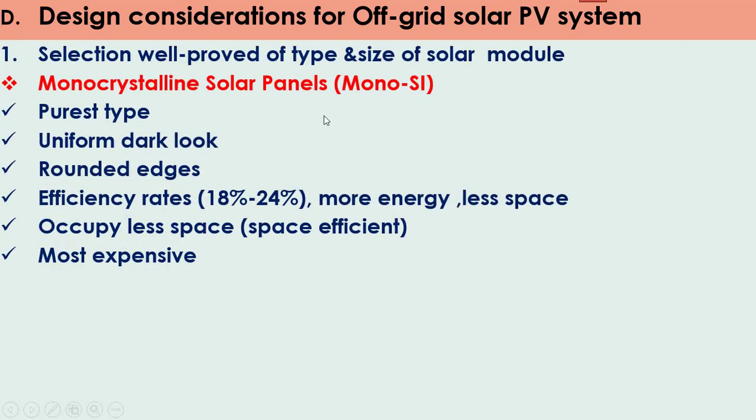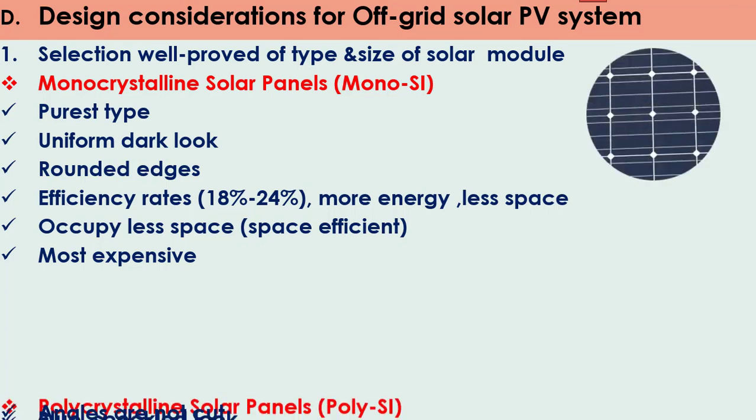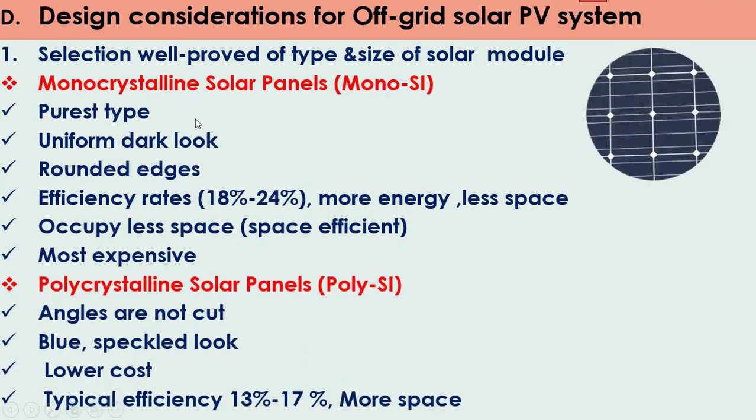Another consideration for an off-grid solar photovoltaic system is that we must make our selection of a well-proven type and size of solar module. As we know, there are three more common types of solar modules.